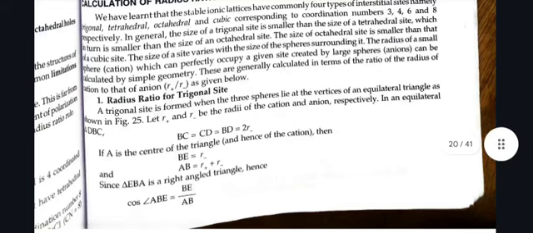If A is the center of the triangle and hence of the cation, then BE equals r- and AB equals r+ plus r-. Since triangle ABE is a right angle triangle, hence cos angle ABE equals BE upon AB, that is cos 30 degrees equals r- upon r- plus r+. We know cos 30 degrees equals root 3 by 2. So root 3 by 2 equals r- upon r- plus r+.